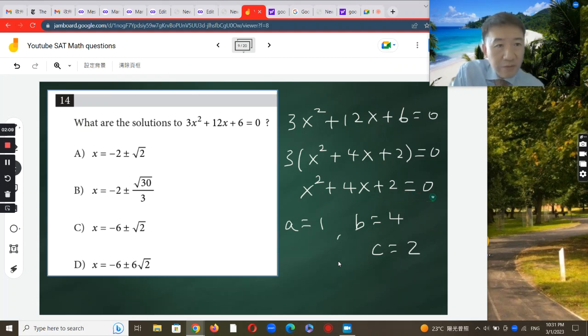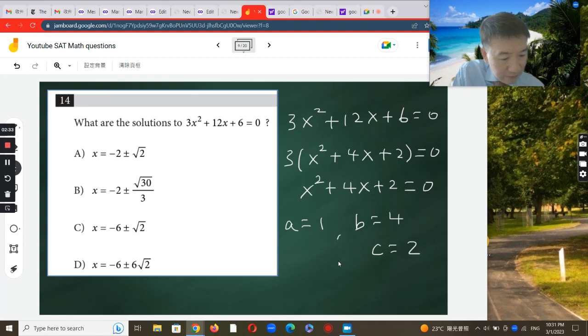And this quadratic equation cannot be easily solved by factorization. So we're going to solve this by applying the quadratic formula. And before we can apply the quadratic formula, we need some variable to represent the coefficients, right?